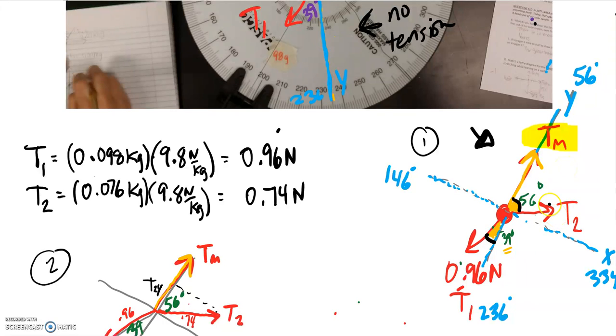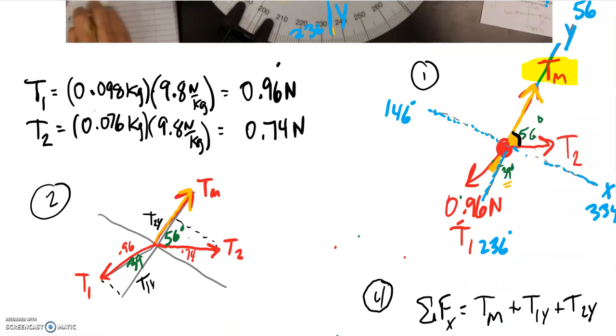My plan is to work with the y components of these two tension forces, because those combined with the tension on the mystery mass must sum up to 0, because all the forces must sum to 0 on the x and y axes, because our object is at rest. This is equilibrium.